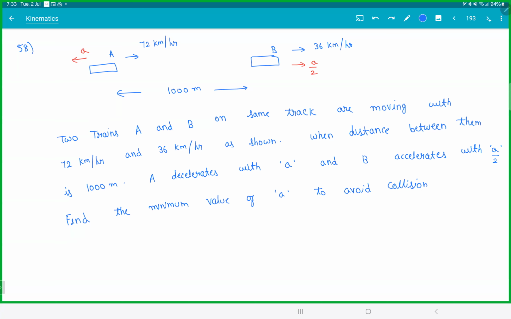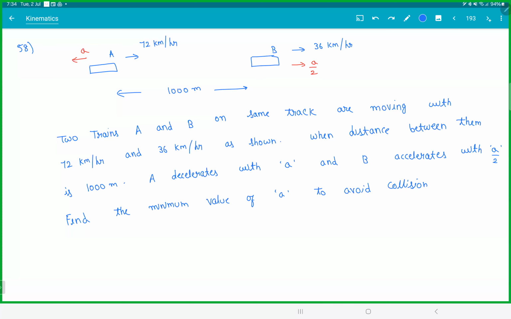What is the answer? Let's see. 36 convert into meters per second.